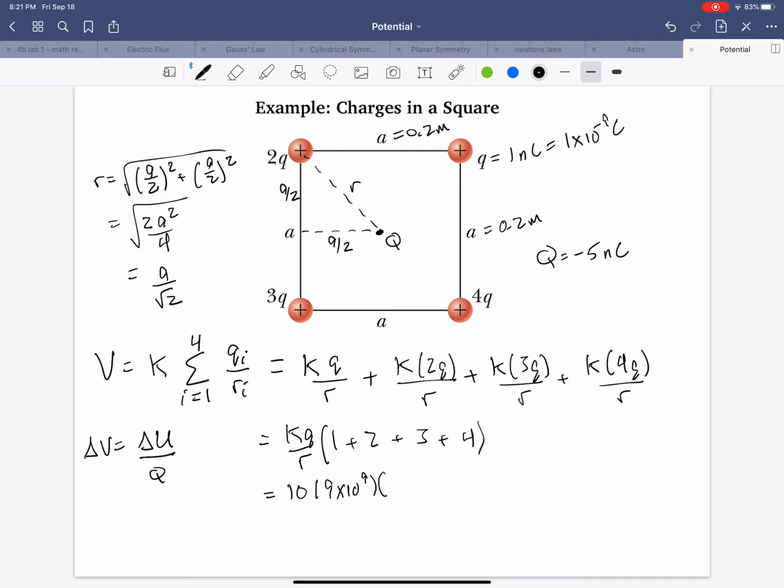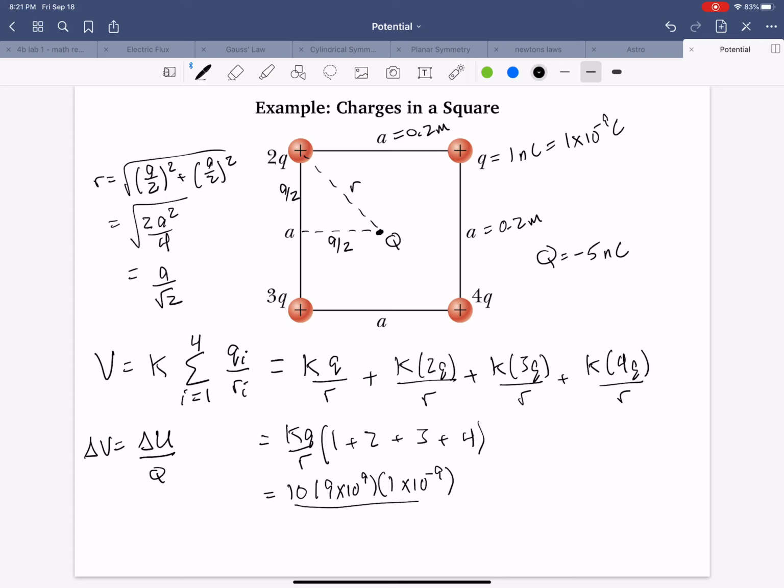So in this case, it's the change in potential energy per capital Q. Because capital Q has 5 times larger charge than the individuals at the corners, it'll have a lower potential than if, say, Q were at the center. So in essence, we use this 1 nanocoulomb.